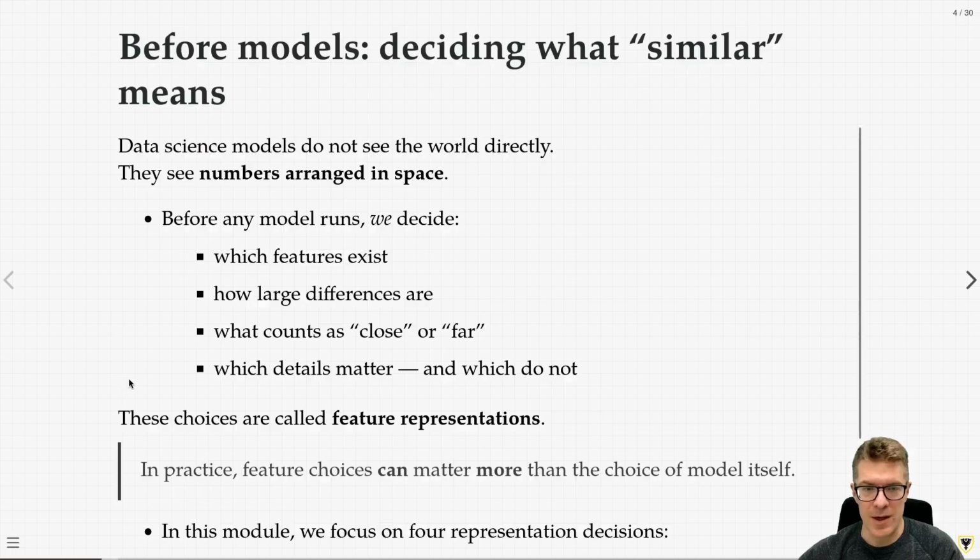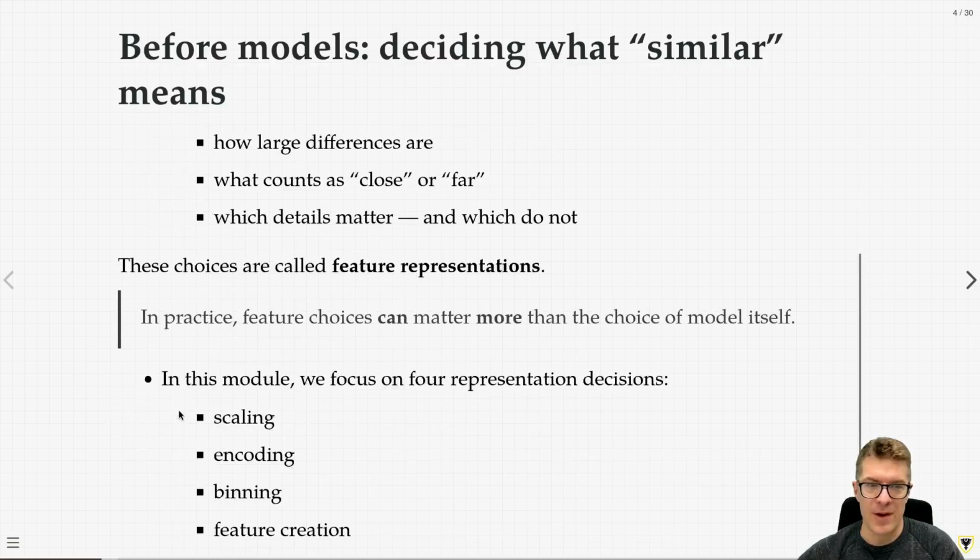And then we'll also need to be thoughtful and try to figure out what details are going to matter to us and what details won't matter to us. All of this, so making these decisions, these choices, are what we call feature representations, or they're part of feature representations.